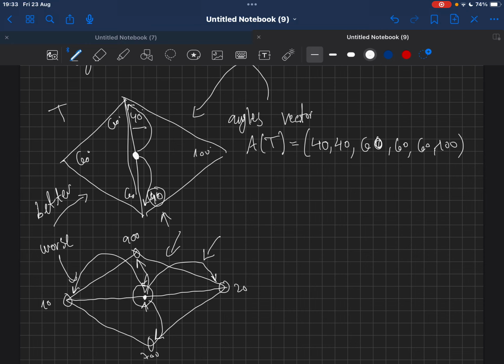If I look at this triangulation, I will, for example, say that this point is the average between this one and this one, and if I use the other triangulation, I will say that this point is the average between this one and that one, which is more likely to be true because they are closer.